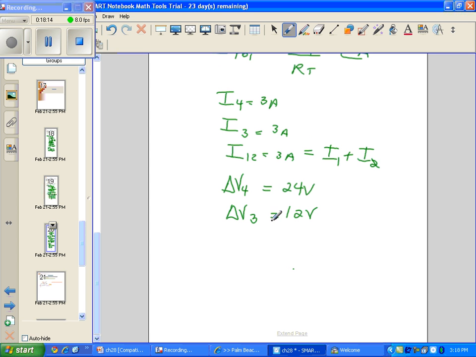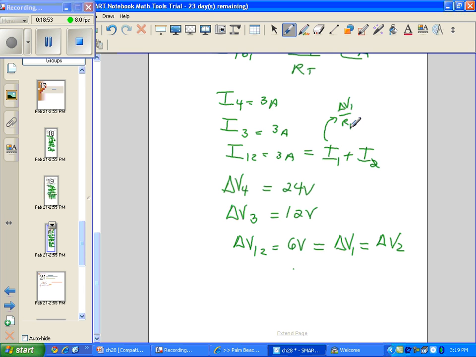And delta V12 is equal to I12, which is 3 amps, times R12, which is 2 ohms, and that's 6 volts. However, delta V12 equals delta V1 equals delta V2, since those two resistors are in parallel. Well, that has just allowed us the ability to get individually I1 and I2, because I1 is equal to delta V1 over R1.